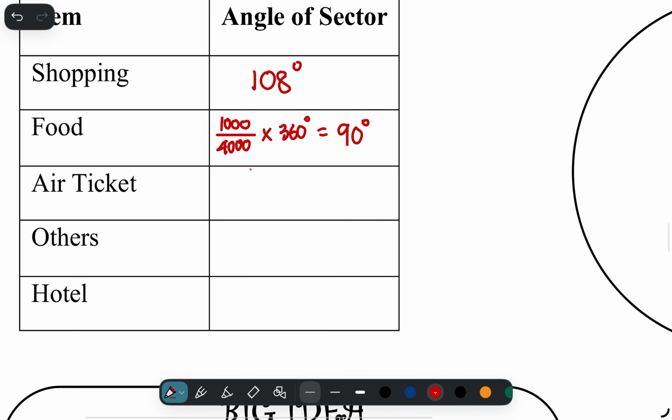Air ticket, 800 out of 4,000 times 360 degrees. Calculate out what this will get. You get 72 degrees.